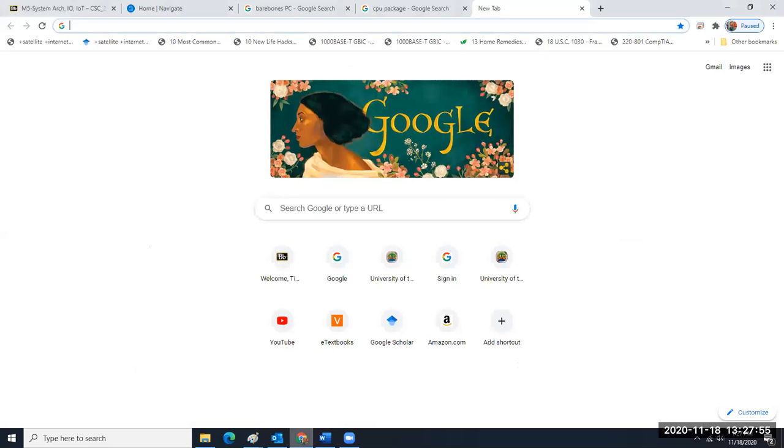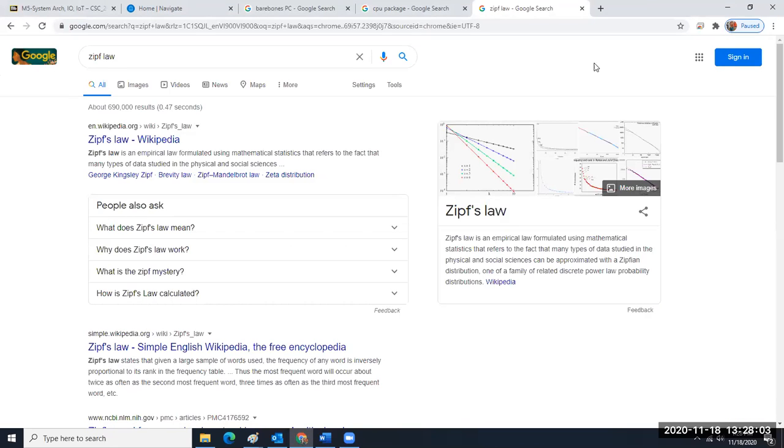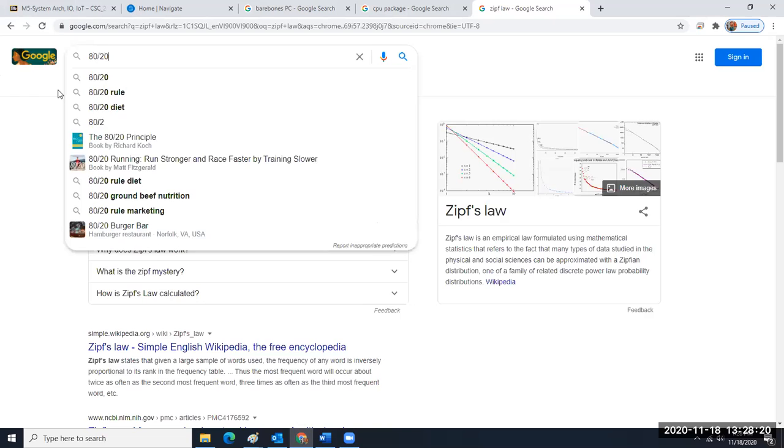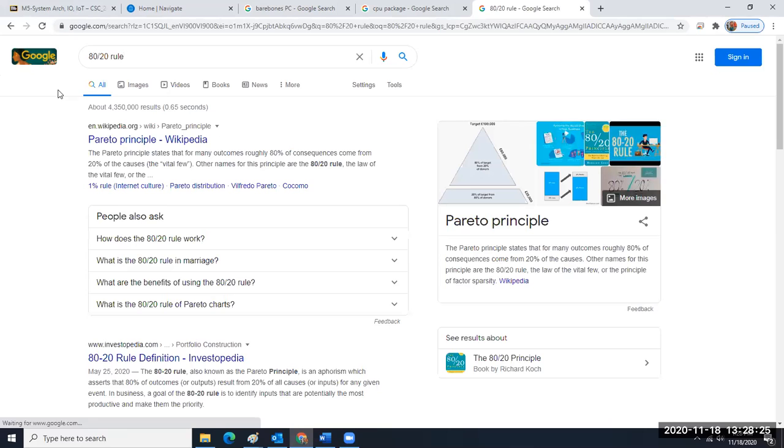There's another name for this, and actually there's several names for it, but I'm going to call this Zipf's law. It has to do with the distribution of resources and how frequently they're accessed. So it has to do with frequency of access, but 80-20 is the most common statement or common name.